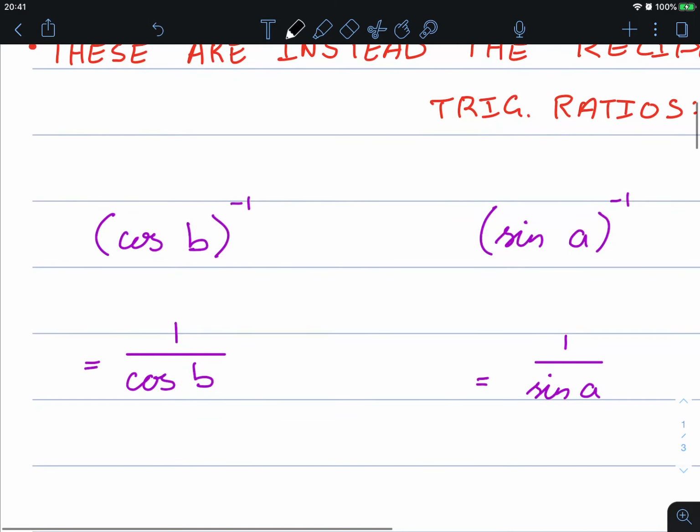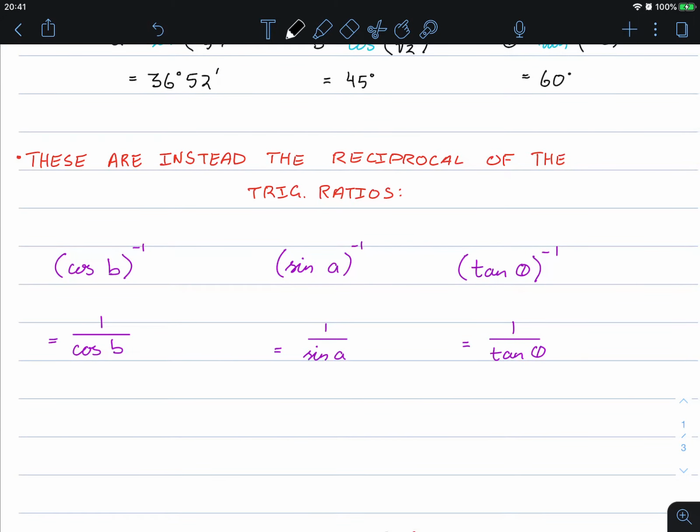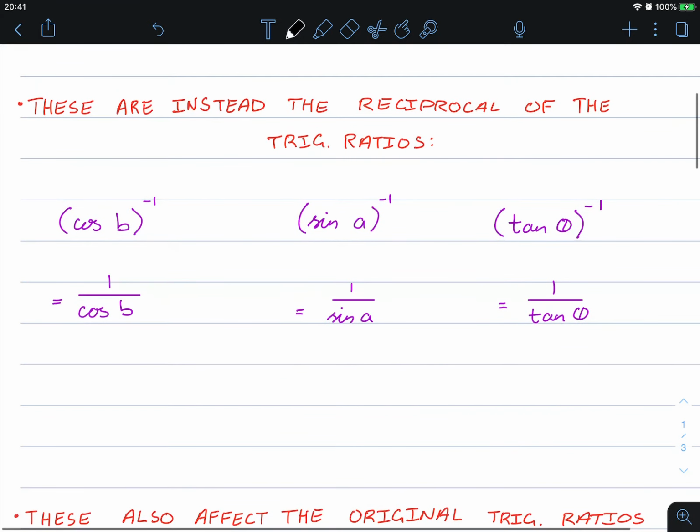So the inverse or the reciprocal of cosine B is 1 on cosine B. And this has a special name.